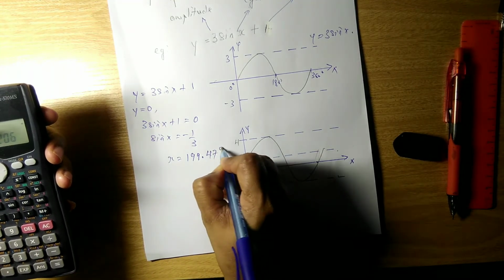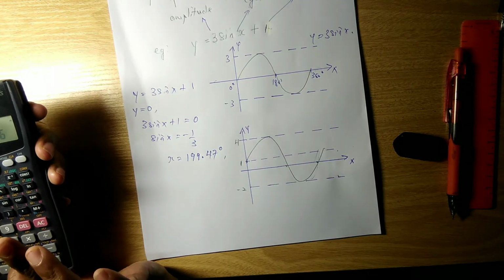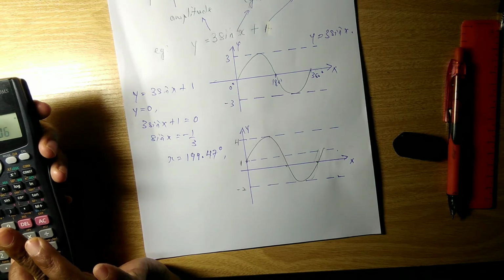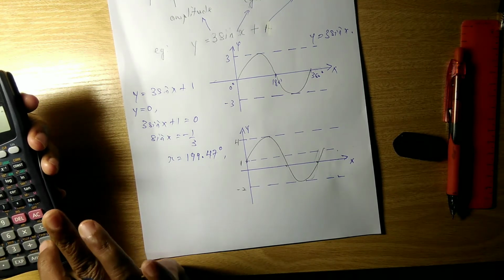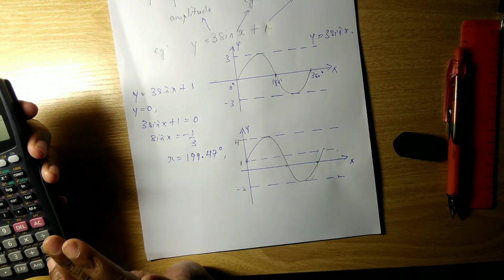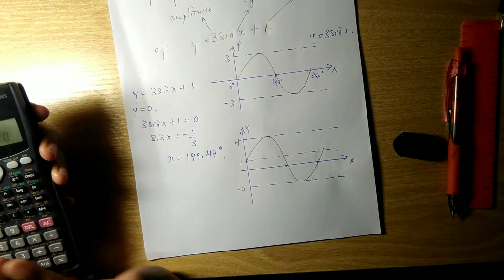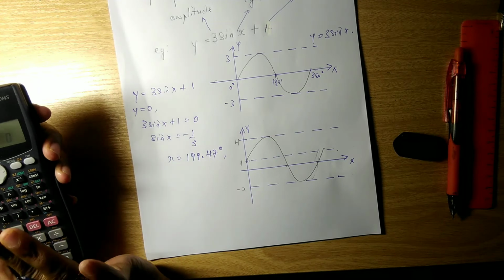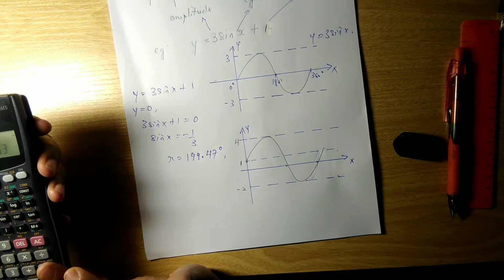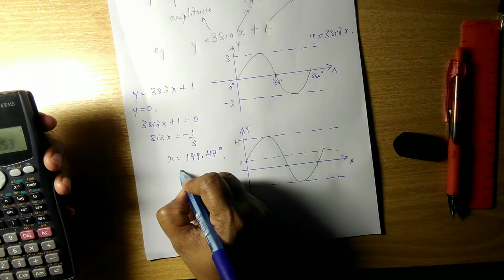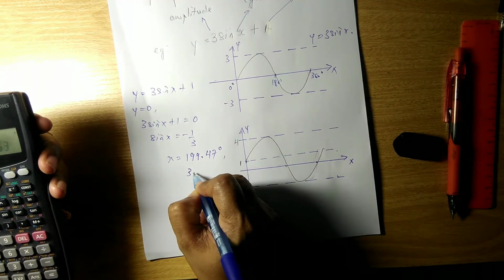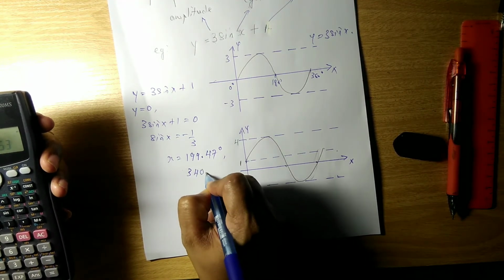That's one angle. The other angle will be 360 minus 19.47, so we get about 340.53.